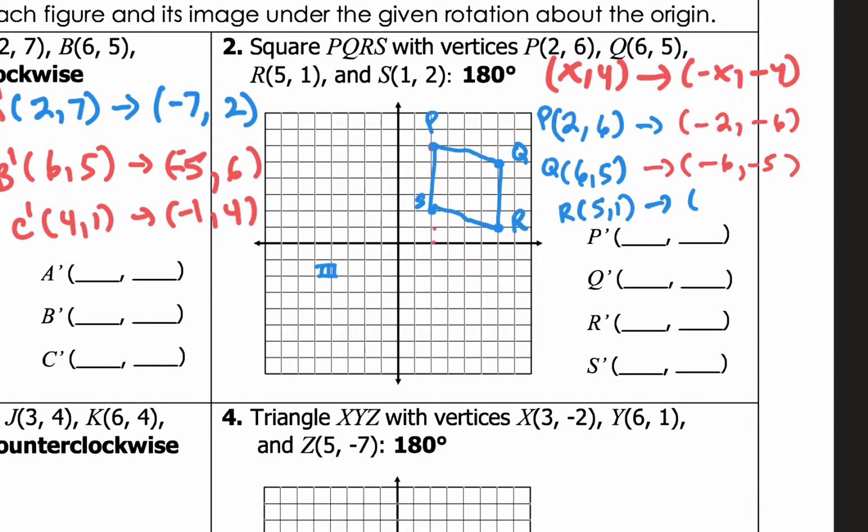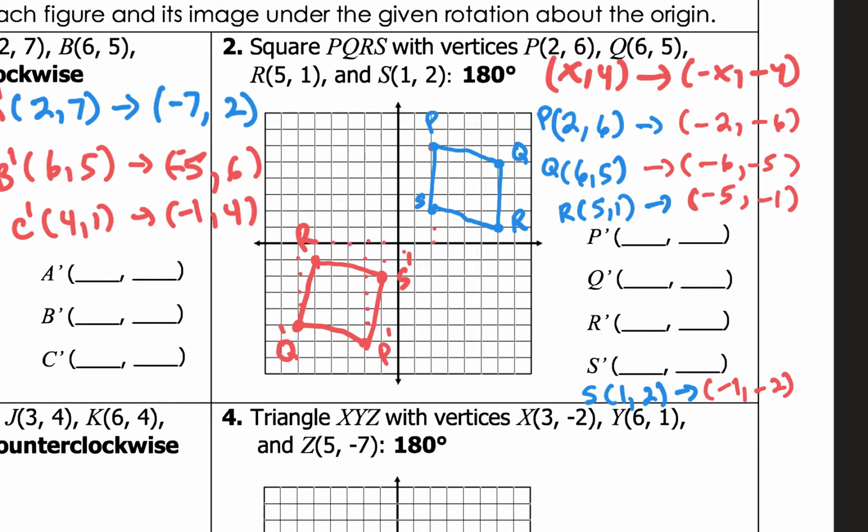So we do a rotation. It's going to be negative 5, negative 1. And of course, if we have S, S is 1, 2. So that's going to go to negative 1, negative 2. So now I'm going to go ahead and graph P prime, Q prime, and R prime.